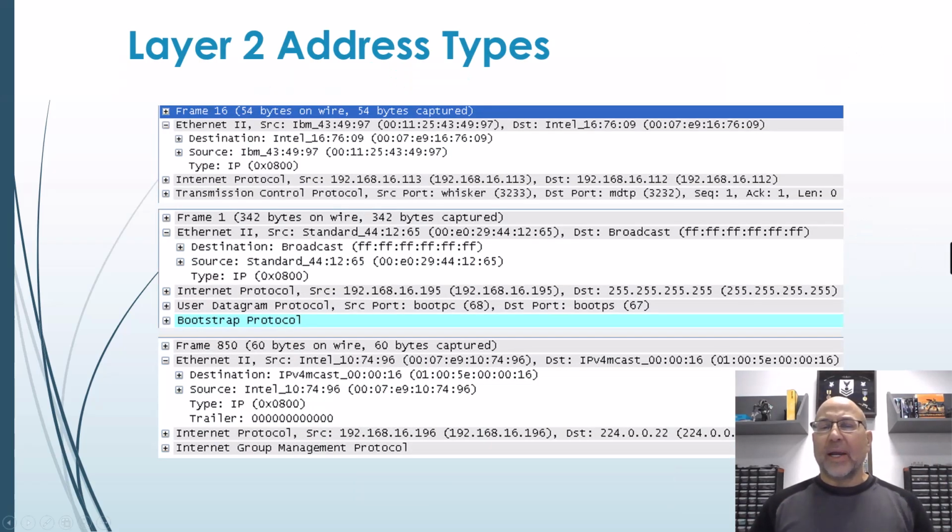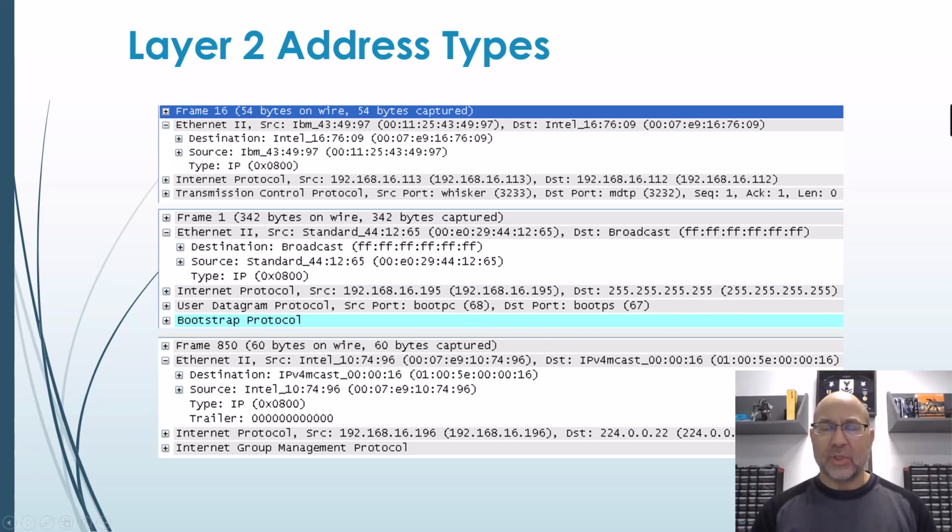Now, just as a reminder, these are the different layer 2 MAC address types that we have to worry about. If we look at each one of these, so I've got 3 different frames here, so I hope you can see that. And in all cases, if we look at the source MAC, there's one right there, there's one right there.